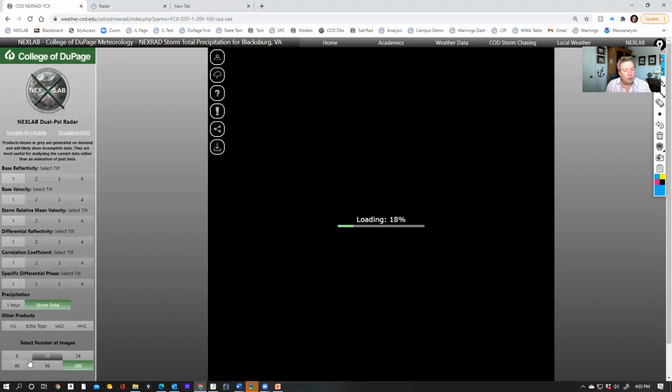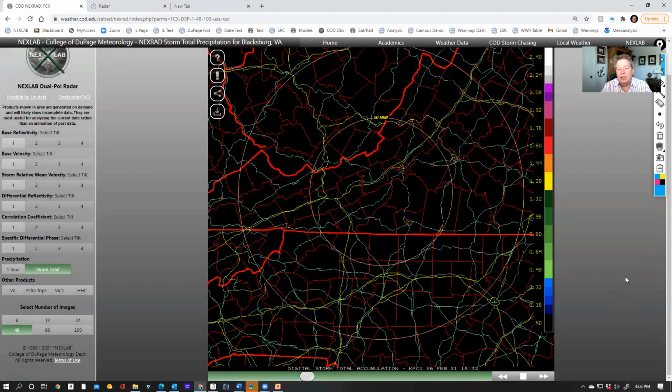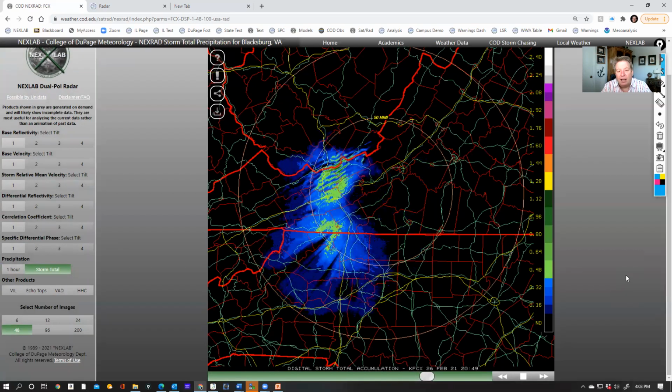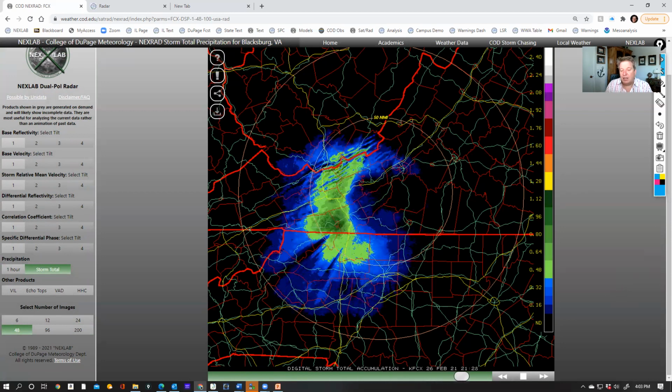What I like about storm total is that it sums this up. So if I really want to investigate whether there's going to be a flood, I can see some details here. Now I'm looking over here, about 1.2 inches of precipitation has come down. It's really cool, as you can actually see where there's banding of the precipitation in the mountainous areas here. So that's cool. That's a NIDS product.